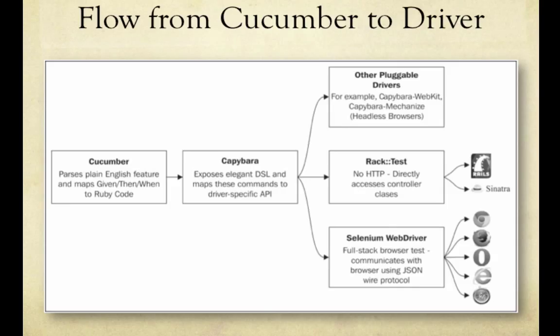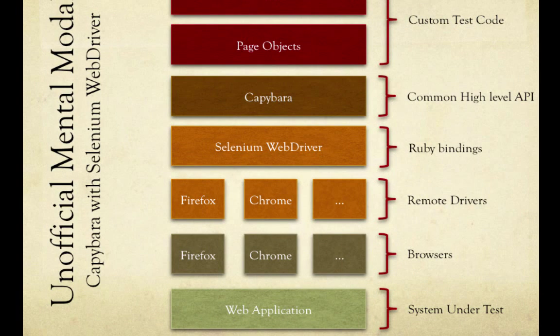Okay, once again, this is the high-level view, and we are using Selenium WebDriver, and if we take a more detailed view, we've got something like this. I called this the unofficial mental model, or sort of crazy model. It's up to you how you want to interpret it. We have tests, page objects, then we stick to the Capybara DSL or API, and that is normally wired up to WebDriver.